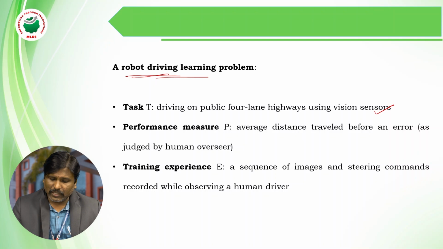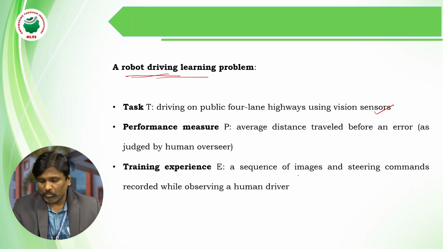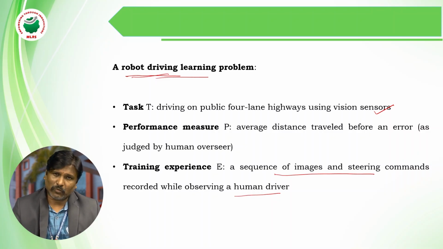So what is the experience? How does the robot get its knowledge? That knowledge is provided by a data set of a sequence of images and steering commands recorded while a human driver drives. So the robot can behave like a human driver based on those commands, the steering, and the seating position. All these things are observed, or the data set is provided, and from that it gets the experience.